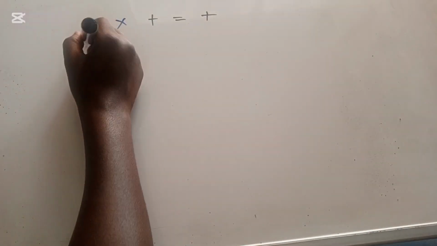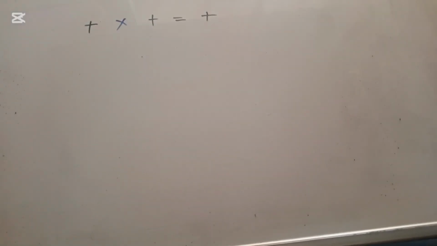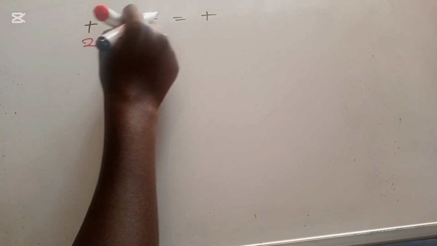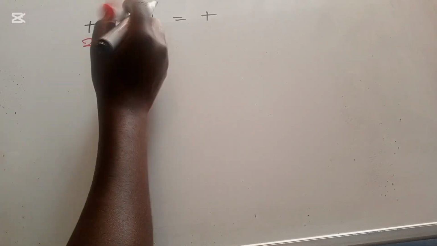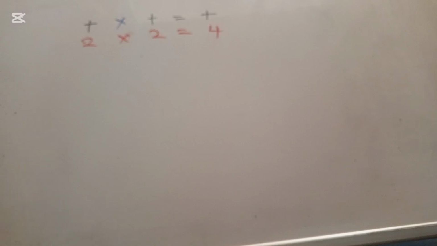Example, 2 times 2 is equal to 4. When you see that 2, it means it is positive. It's only that you have not added the positive sign there.